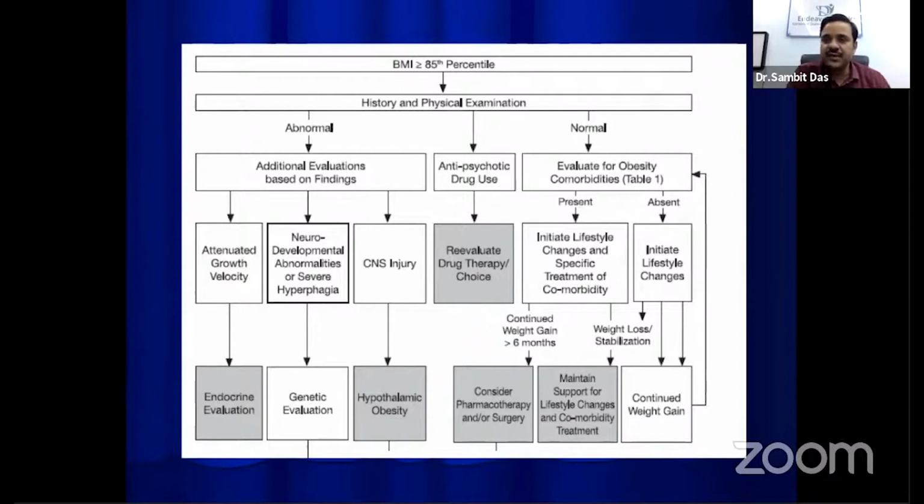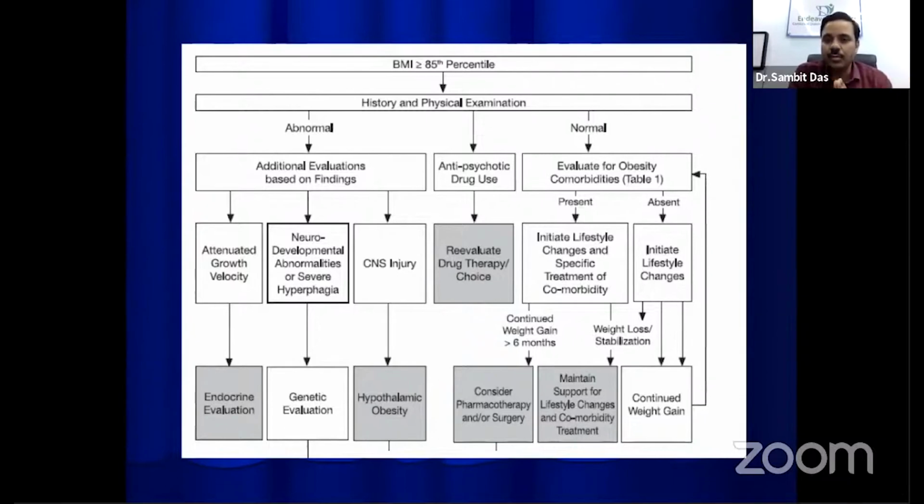If there is history of CNS injury, then probably hypothalamic obesity is a cause. Then you need to evaluate for any psychiatric abnormality, or if the patient is on any antipsychotic drugs, then we need to reevaluate, we need to substitute different drugs, and we need to talk to the psychiatrist also.